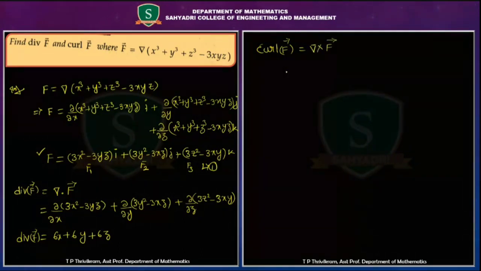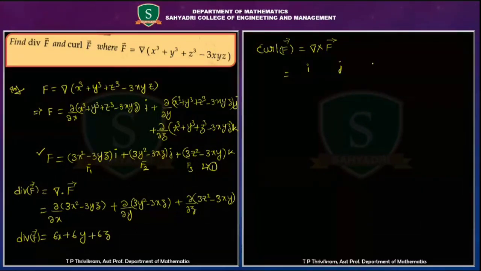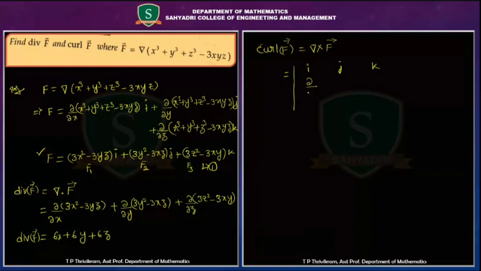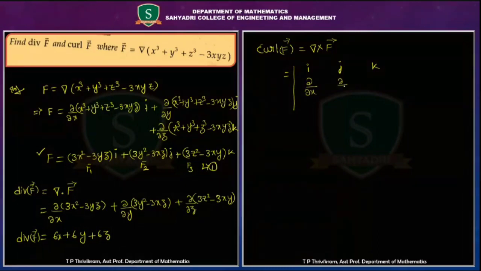So this one is equal to the determinant with rows i, j, k. The first row should be written as dou by dou x, dou by dou y, dou by dou z. The last row should be filled with the f functions.